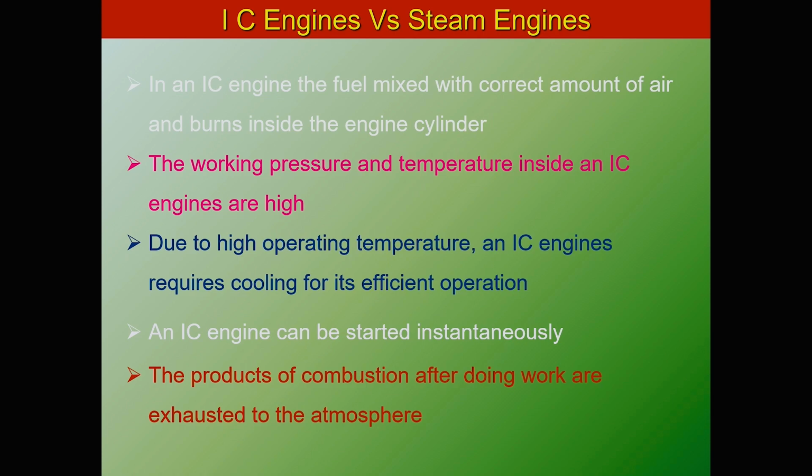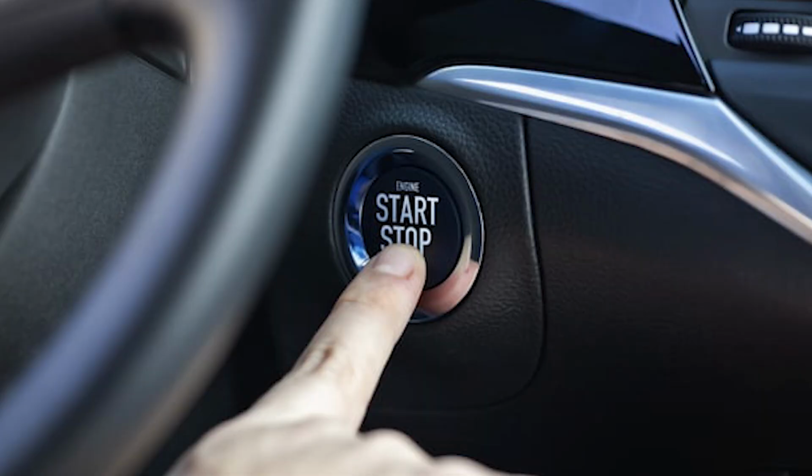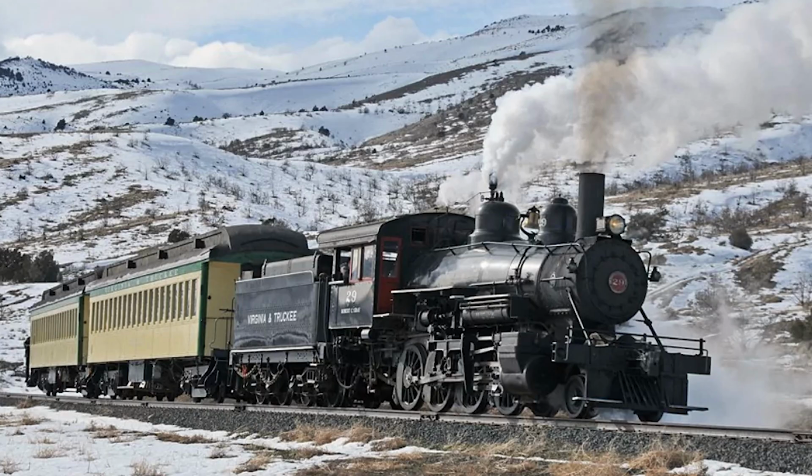Then the fourth point is very important. What is the fourth point? Start instantly. Self kicker, start instantly. But the boiler is not like that. For a boiler, the coal has to be heated first. It will take a minimum of 5 to 10 minutes. After that, whatever heat is produced by the coal will heat the walls of the boiler. It will take again 10 to 20 minutes.